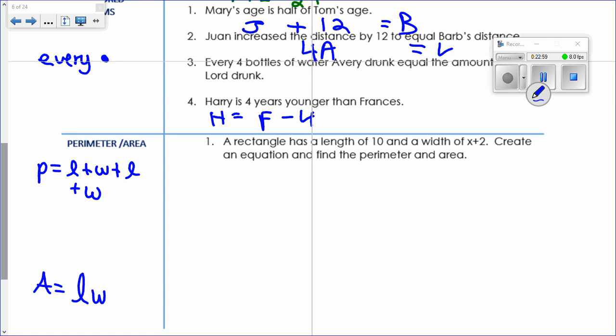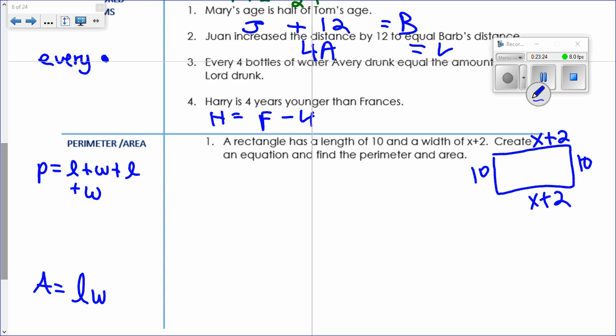So you're going to draw a figure here. Draw your rectangle. Is the length going this way or this way? Does it matter? Length goes this way. Does it matter though? Not really. But this is x plus 2. The other side is x plus 2. And then the opposite sides are 10 and 10.